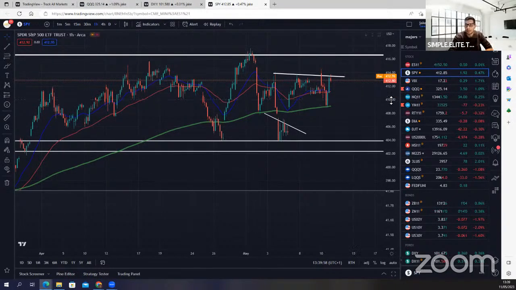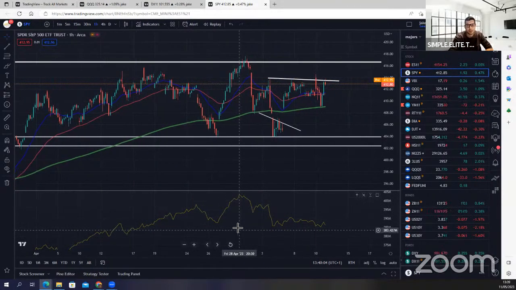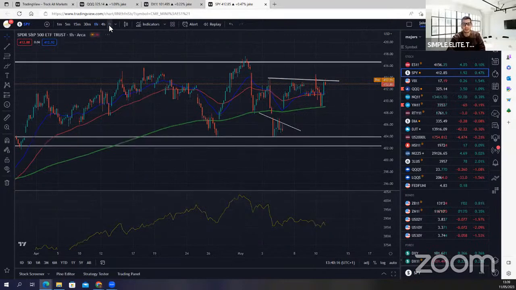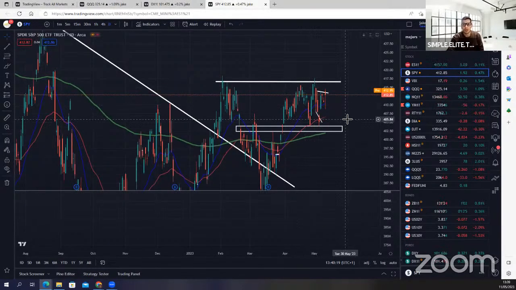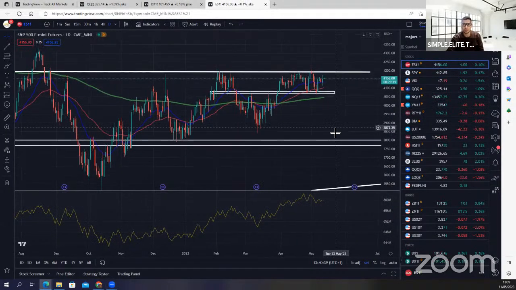It's not a clear direction for me at the moment, so I'm going to stay away from trading S&P and Nasdaq, because we will probably see sooner or later some weakness on the indices. We talked about Nasdaq still being in this range, and we want to see price breaking above this level here. I'm going to bring the S&P future chart, which is better.